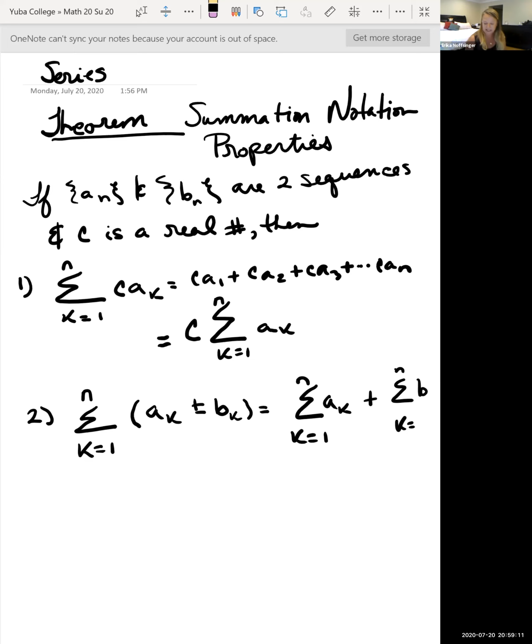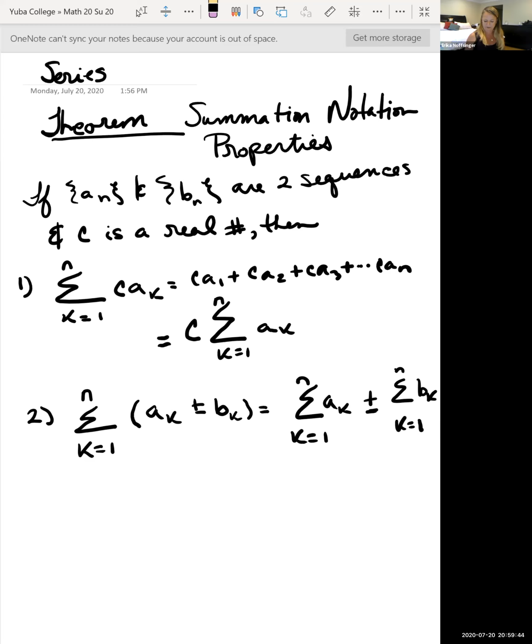Same sort of idea with the minus sign. This would have been A sub 1 minus B sub 1 plus A sub 2 minus B sub 2 plus A sub 3 minus B sub 3. If we group the B terms together and factored out a negative 1, then it could be written as plus or minus, that minus in between, depending, in front of that summation. What does k equal under the B sub k? 1.